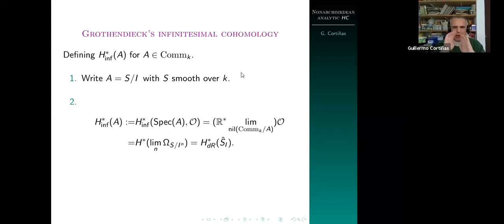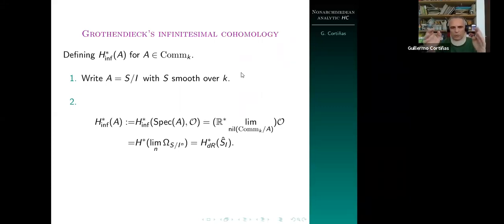Let me explain all the terms there. There's a limit, an inverse limit, and the limit is taken over nil com over A. So what do I mean by that? I mean all the nilpotent extensions of A by another commutative algebra, right?